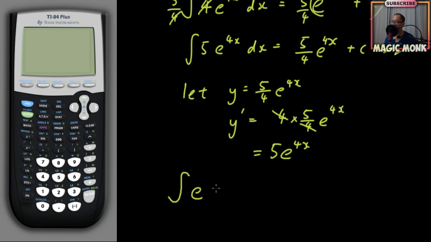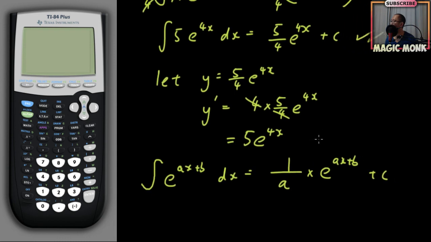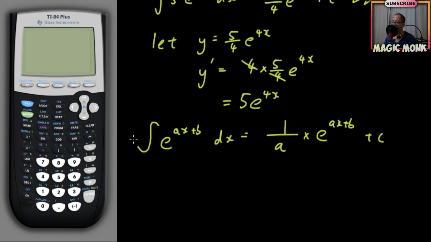Integral of e to the power of ax plus b is equal to 1 over a times e to the power of ax plus b plus c. Okay, so you can put a constant at the front as well, and then you can simply just replace the 1 with a constant.